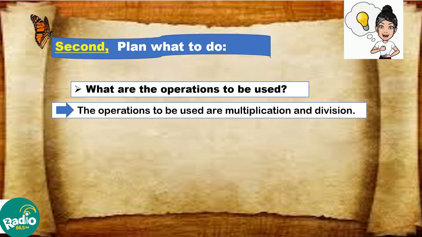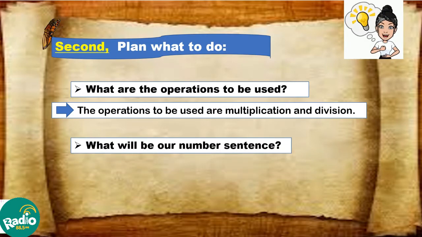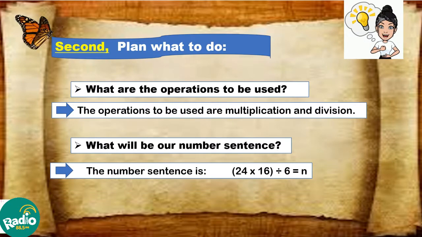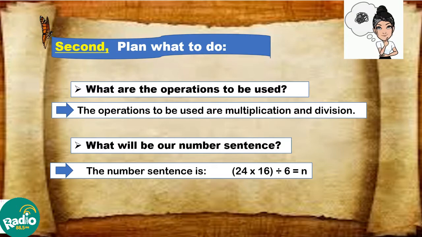Division is used in finding the number of trays. And what will be our number sentence? The number sentence is 24 times 16 divided by 6 is equal to n.